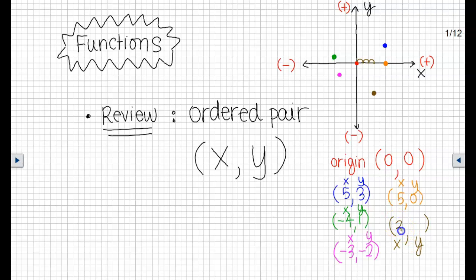So I have gone to positive 3 on the x-axis. And then I have gone down 1, 2, 3, 4, 5 spaces on the y-axis. If I've gone down 5, then I've gone in the negative direction, so that would be negative 5 for my y-coordinate. So 3, negative 5.